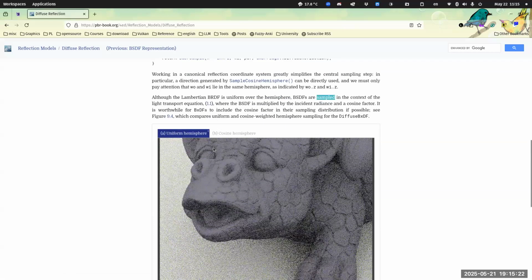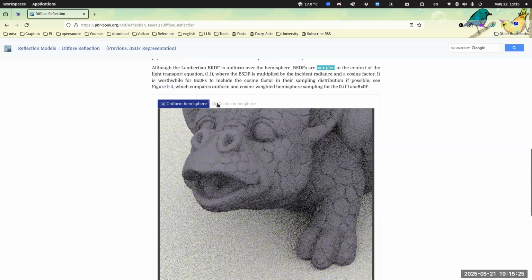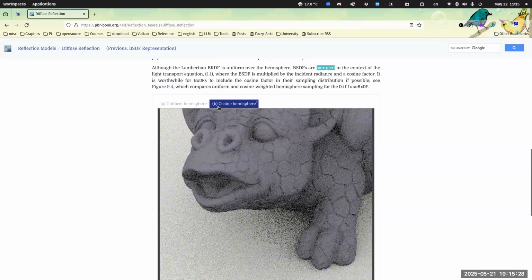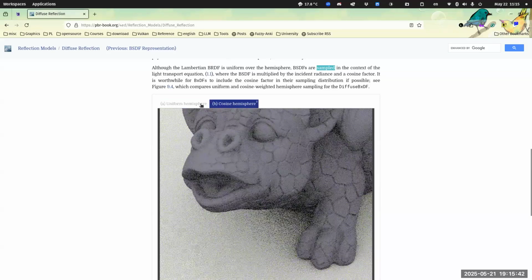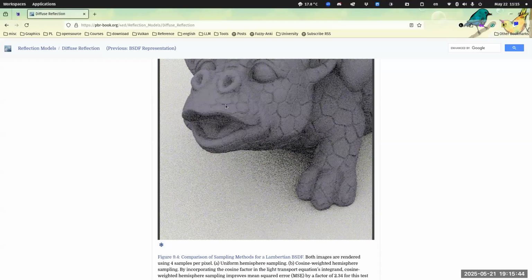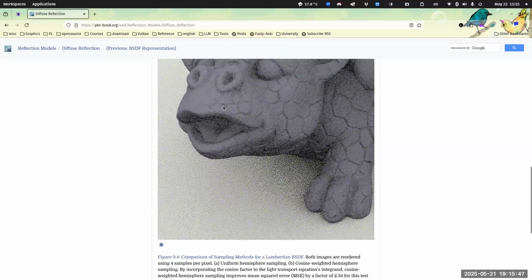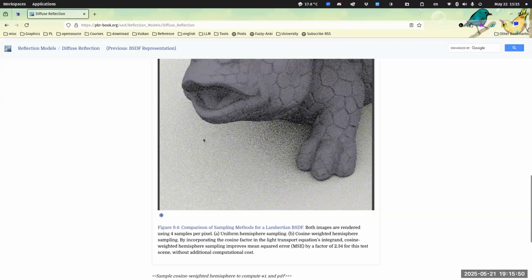So cosine hemisphere seems to have less noise. Yeah, it improved mean squared error by a factor of 2.34 for this testing.